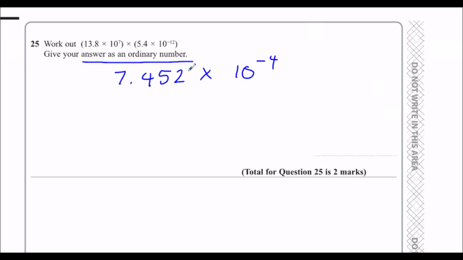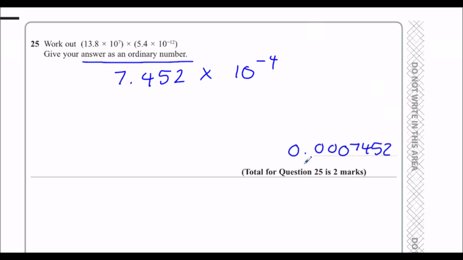So divide this number by 10, 4 times. So minus 4, so we divide it by 10 four times. So that's 0.0007452. So let's just check. If I times by 10 four times, 1, 2, 3, 4, I'd go back to 7.452.